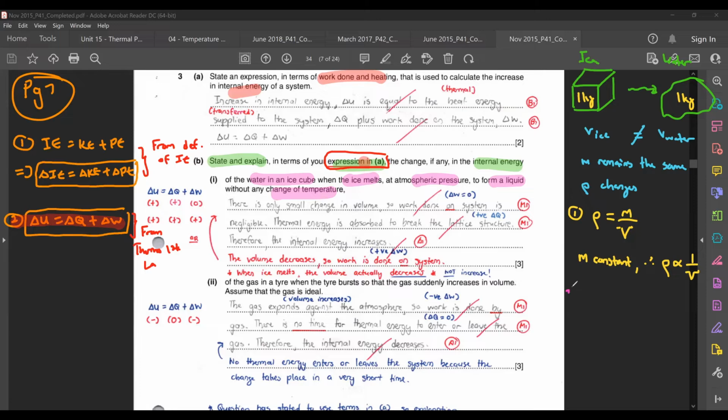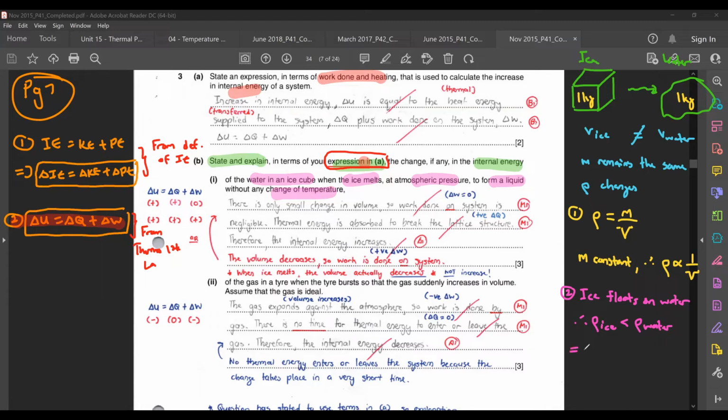You can actually think of it this way. Ice floats on water, right? Therefore, density of ice is less than density of water in the first place.